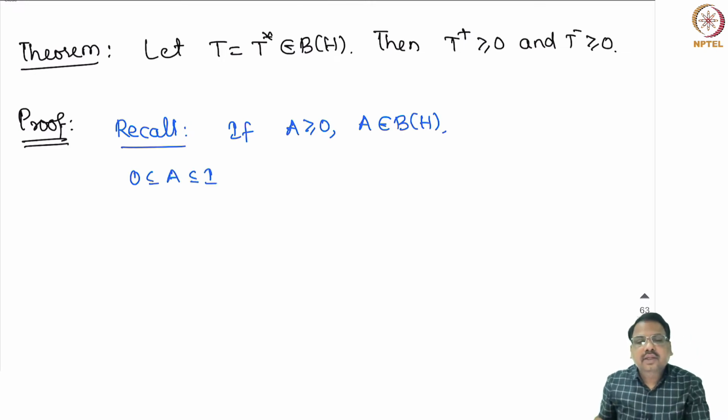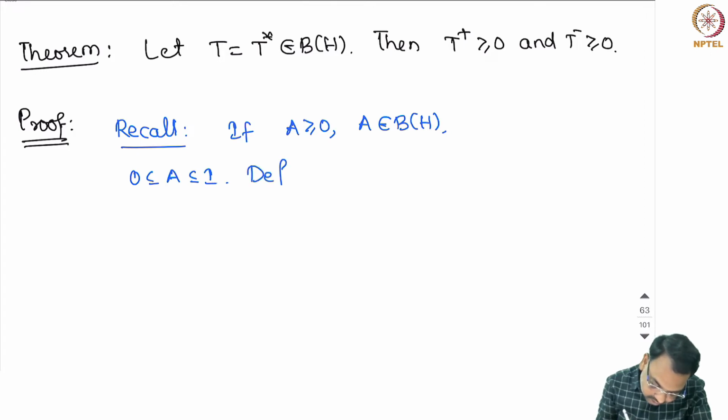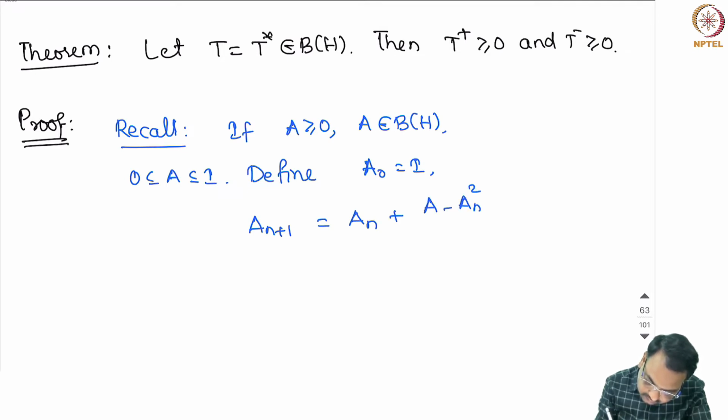So we have shown that A has a unique positive square root. We define A naught as identity, A n plus 1 as A n plus (A minus A n square)/2 for all n in N.